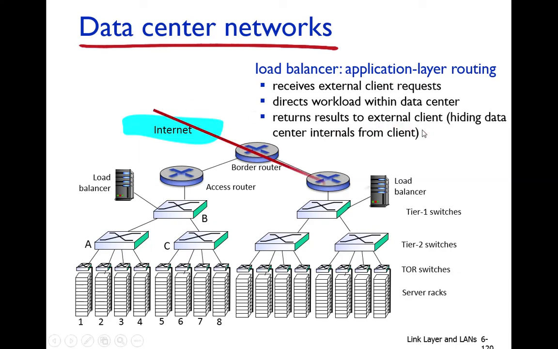Basically, here you can see that the load balancer receives the request and distributes it among these server racks. Then when the requests are processed, the result is returned back to the client.